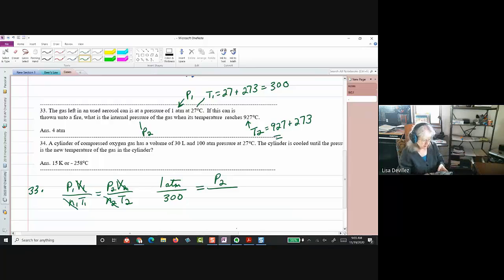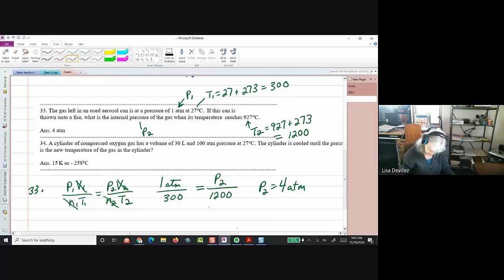So that's, I get 1200. 1200 divided by 300, so my P2 is equal to 4 atmospheres.